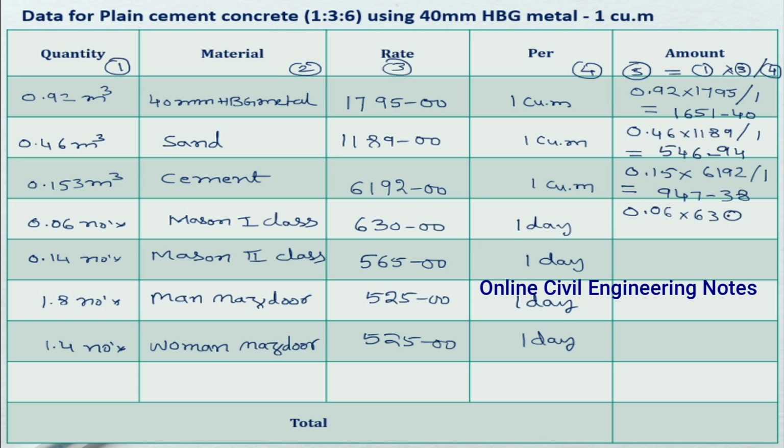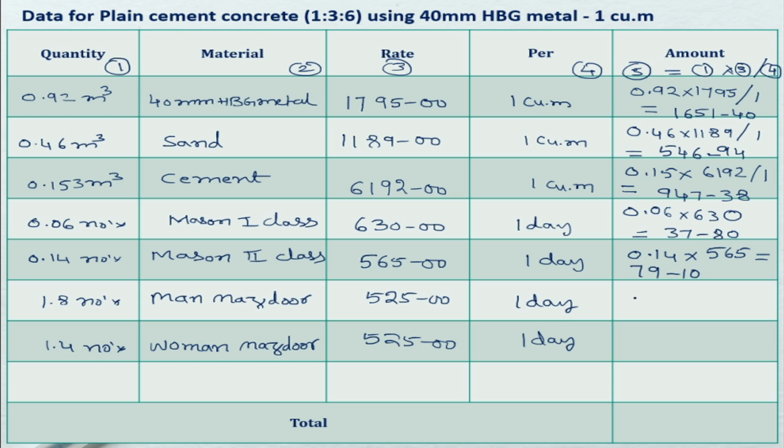For mason first class, 0.06 into 630 is equal to 37 rupees 80 paisa. 0.14 into 565, 79 rupees 10 paisa. 1.8 into 525, 945 rupees. 1.4 into 525, 735 rupees.